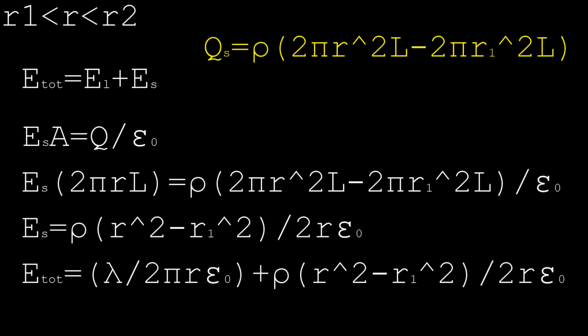And we use 2 pi r squared L because that is the volume of a cylinder, which we would use in this case because a cylinder would fit inside a cylinder, which is logical to use.